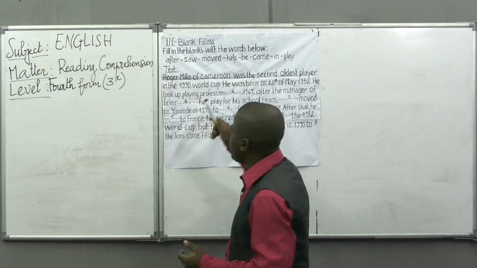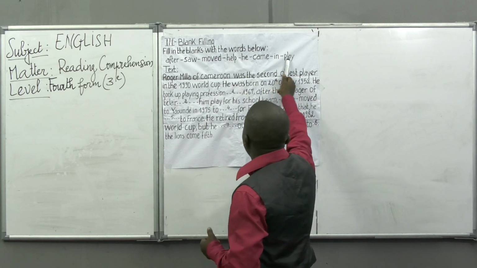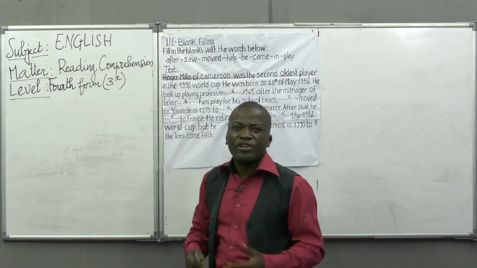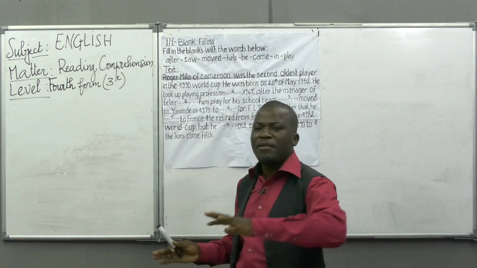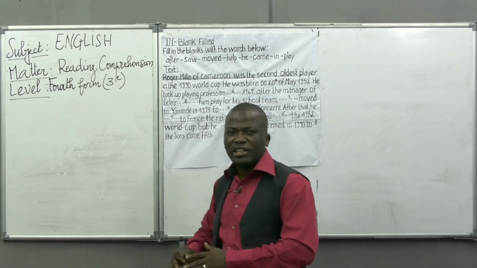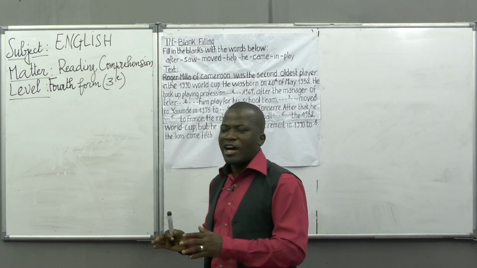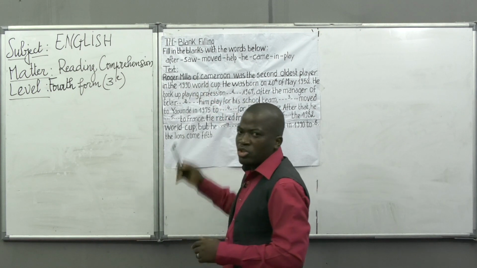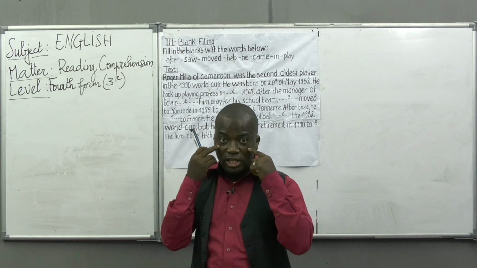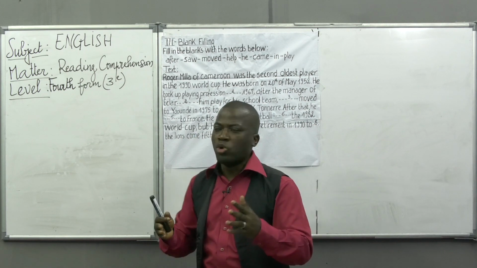Moved, what is moved? Help, and the other words. Good. Now, what is after? After is an adverb. Sometimes it may be a conjunction or a preposition. But here, we consider it as an adverb. So is the preterite of the verb to see. To see. Now, in the past, we say so.